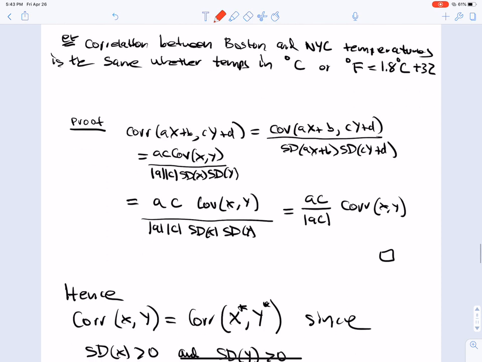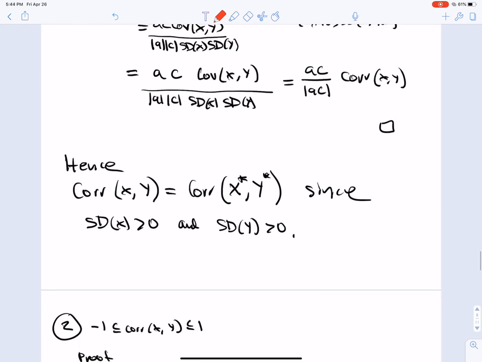So we end up with ac over the absolute value of ac times the correlation of X, Y, and ac over the absolute value of ac is 1 or minus 1. Hence the correlation of X and Y is the same as the correlation of X star, Y star, where X star, Y star are X and Y in standard units, because the standard deviation of X is positive and the standard deviation of Y is positive. So a here is 1 over the standard deviation of X.